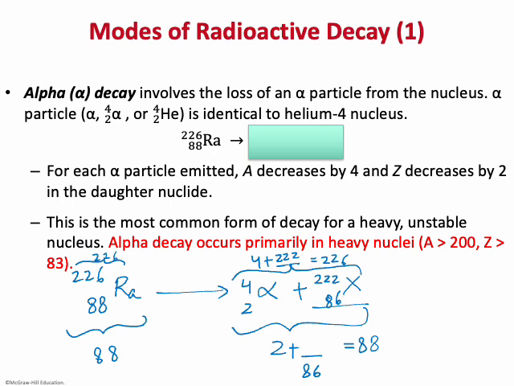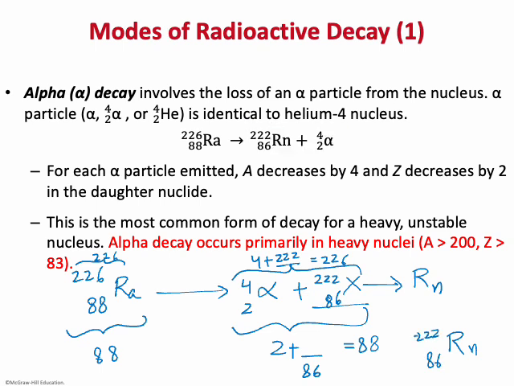To find this, you need to find the atomic number and find the identity from the periodic table. What is the element with atomic number 86? The periodic table tells me that is Rn, which means my X is Rn. So what is my complete overall reaction? I'll replace this X with Rn-222, 86. That would be my complete balanced reaction, as you can see right here.